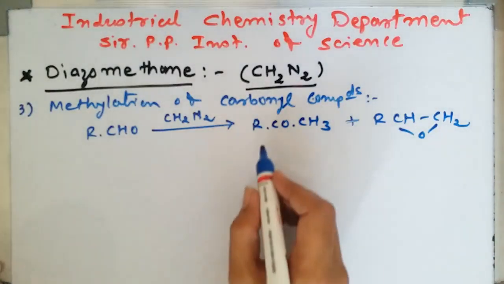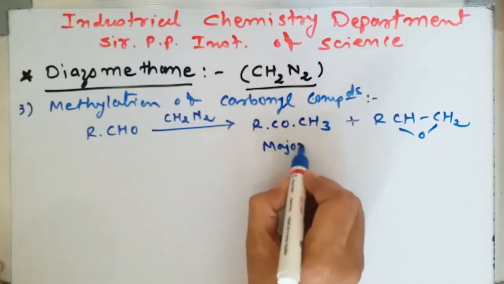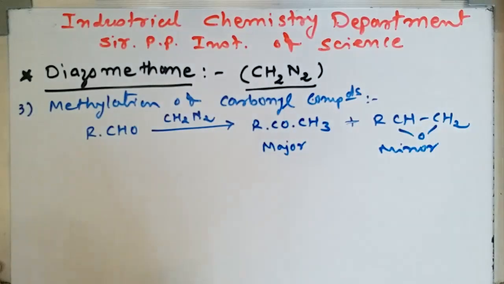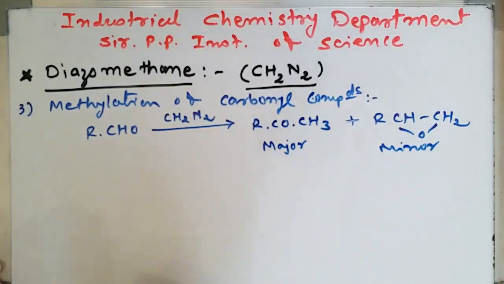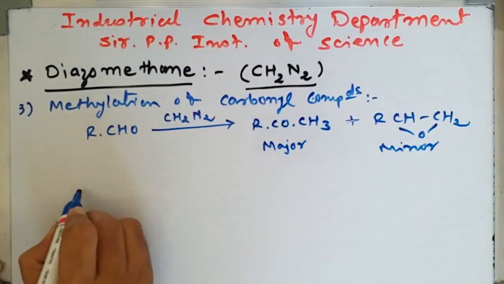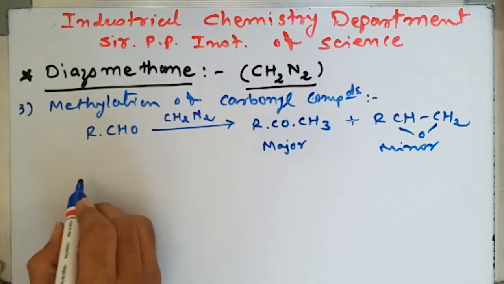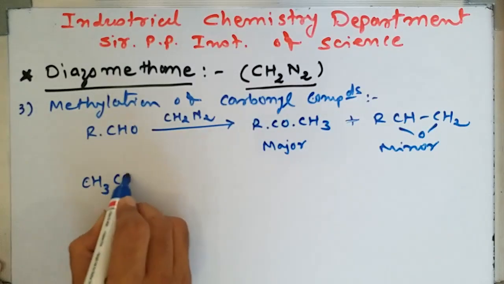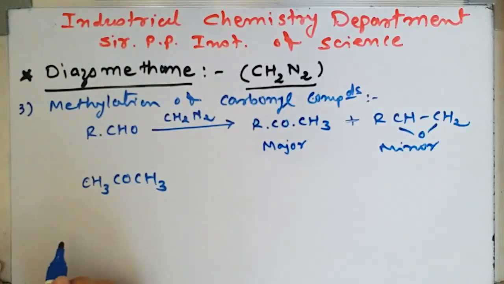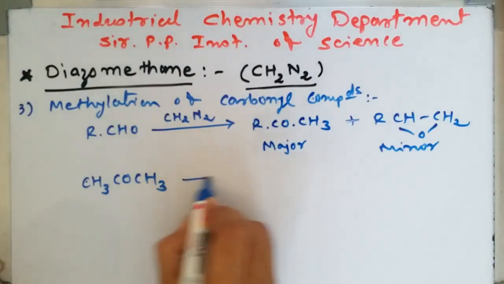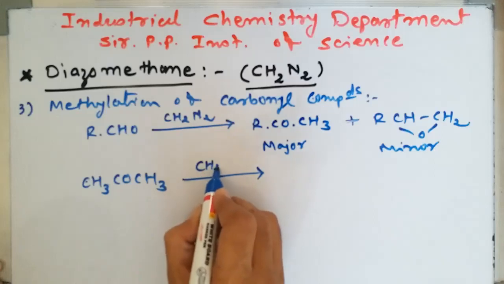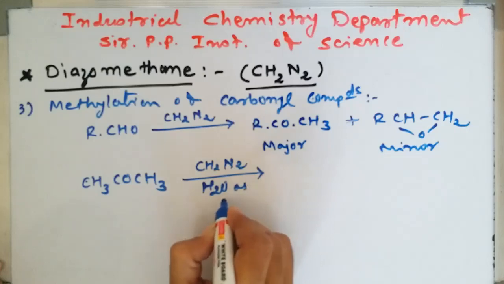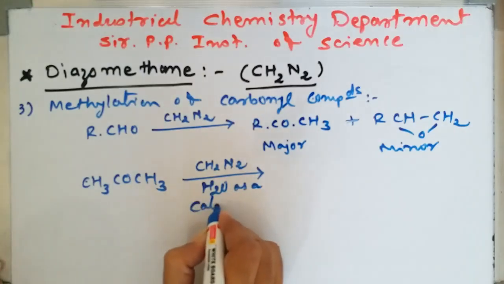In this reaction, we get the ketone as major component and ethylene oxide as minor component. For the ketonic group, we see the treatment with diazomethane of a well-known ketone, CH3COCH3, acetone, in presence of H2O as a catalyst.